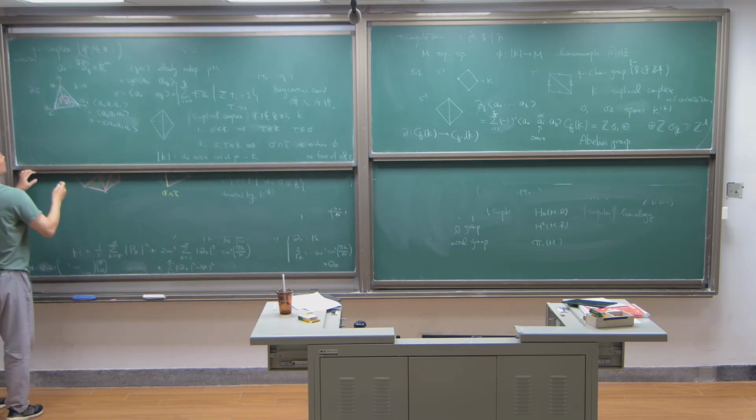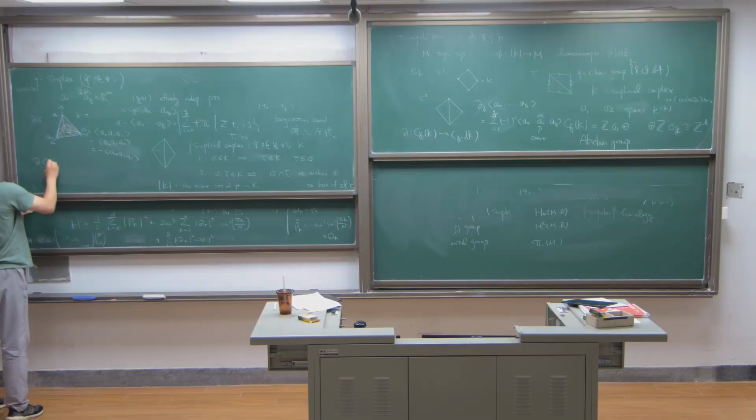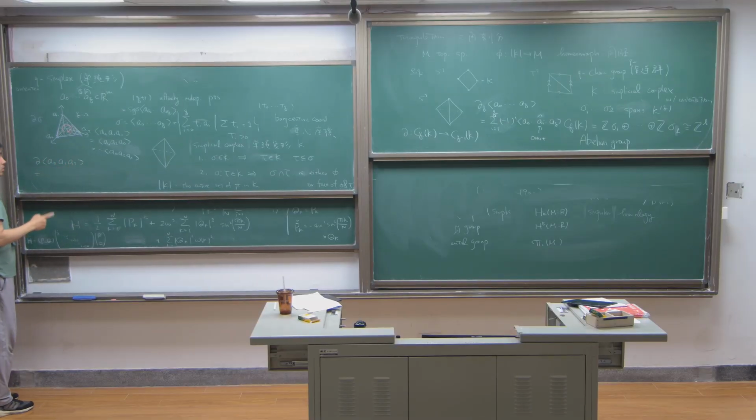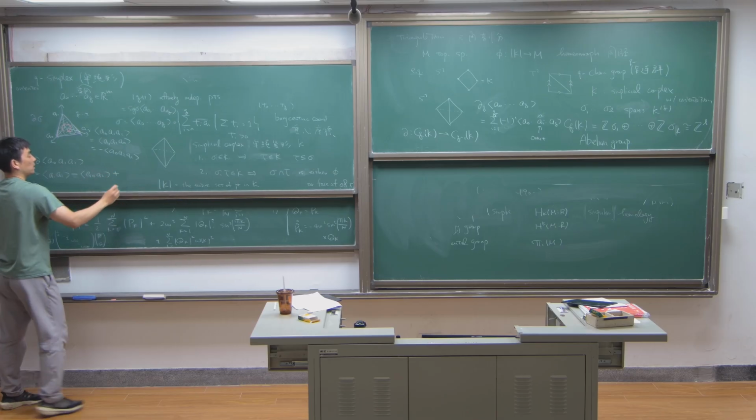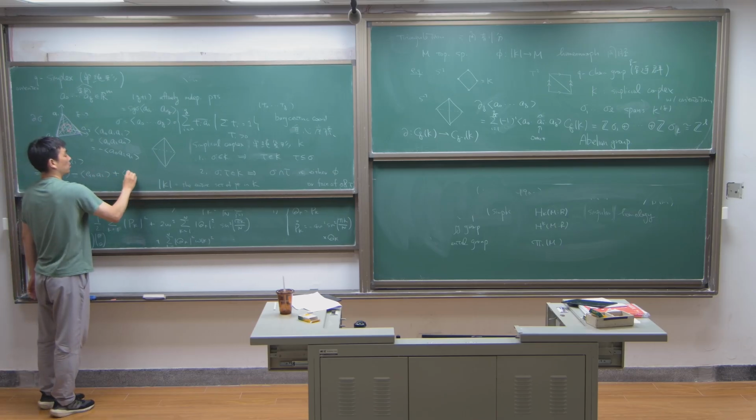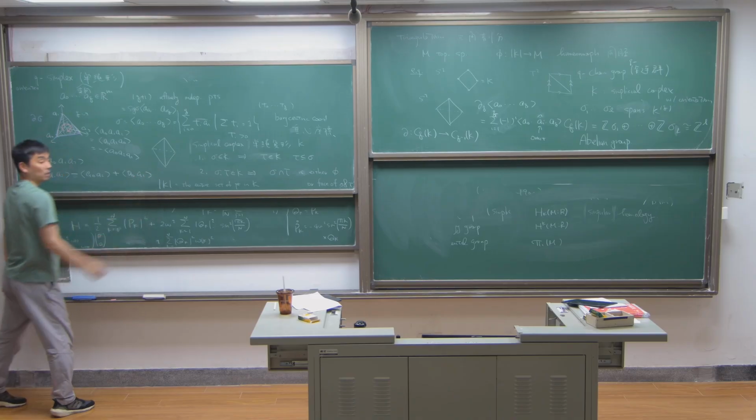If you consider the boundary of (A0, A1, A2), let's do that as a definition, it is (A1, A2). So just get rid of A0 first. The next is to remove A1, which means minus (A0, A2), plus (A0, A1).